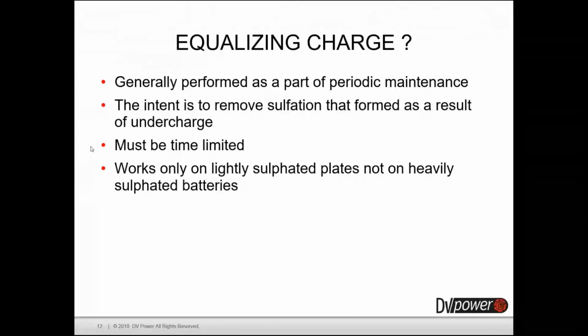And this equalizing charge works only on lightly sulfated batteries. If you have heavily sulfated batteries, then equalizing charge will not help. Basically, if you have heavily sulfated batteries, I think nothing will help. Those batteries are ruined, and nothing can help them.